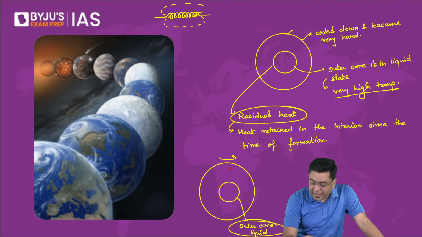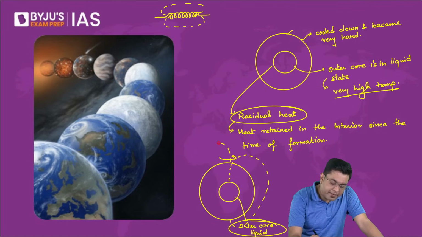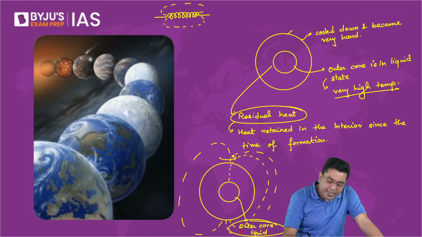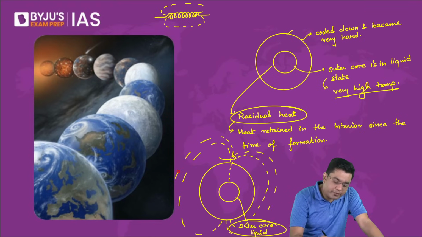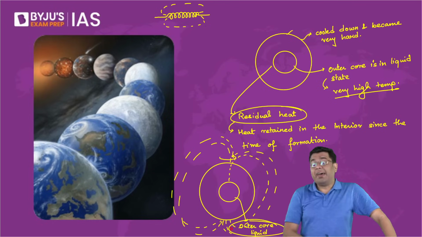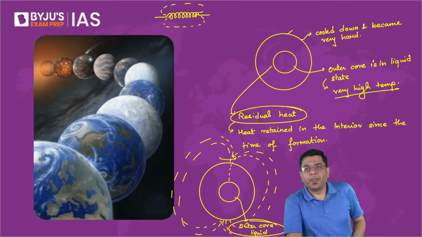And that magnetic field is produced somewhat like this, where the magnetic field lines concentrate around the region of the poles. That is where they have the maximum density.